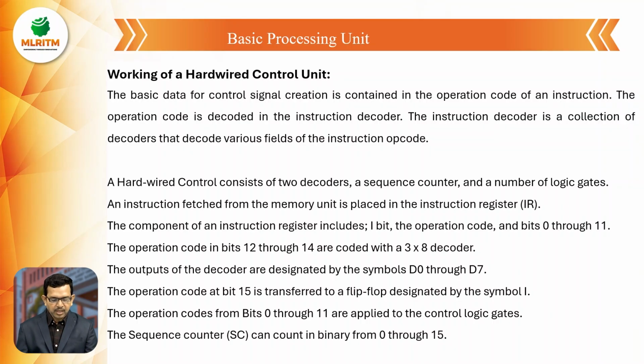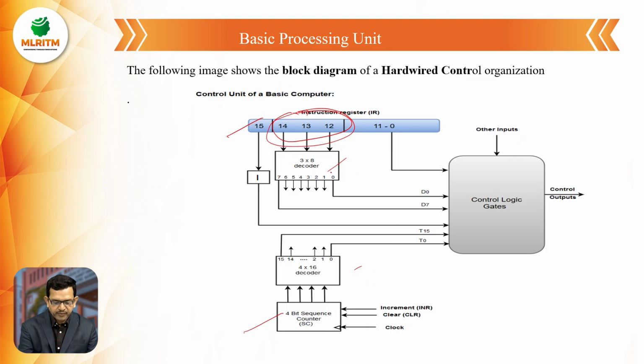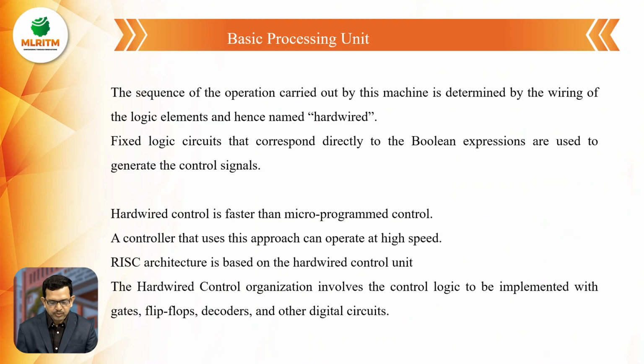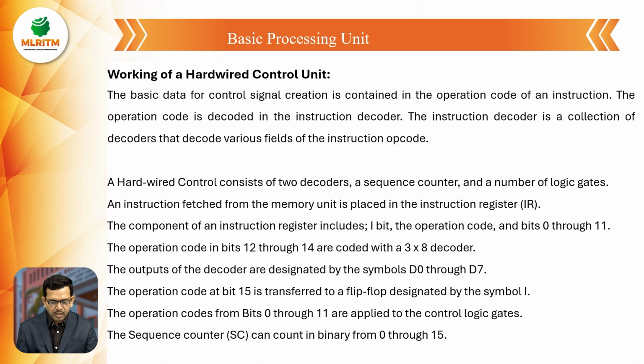Right. Next, the hardware control consists of 2 decoders. As we discussed, here we find a 3x8 decoder, and next we find a 4x16 decoder. These 2 decoders are linked to the sequence counter and the number of logic gates.